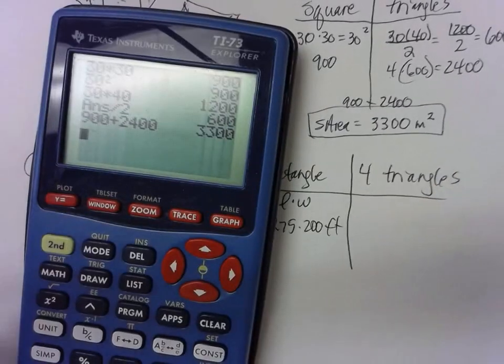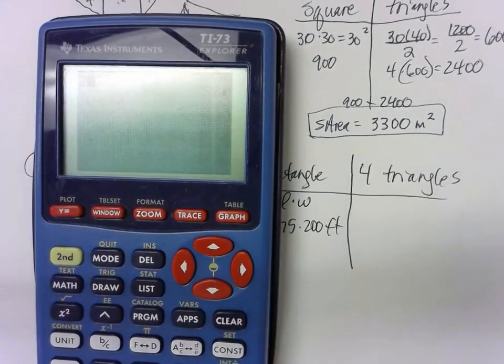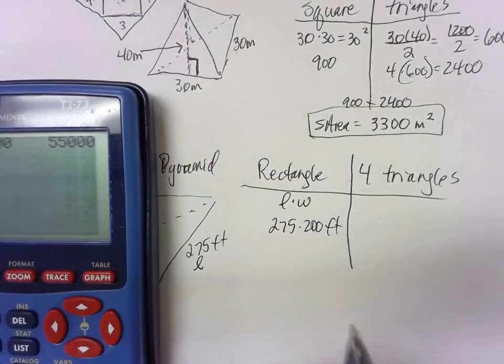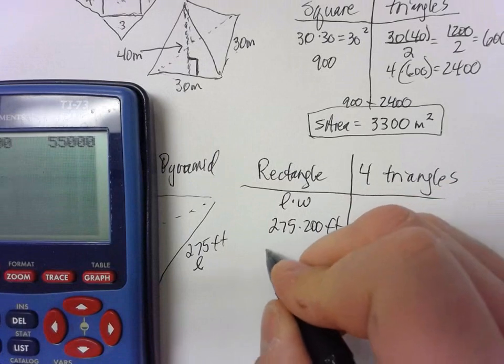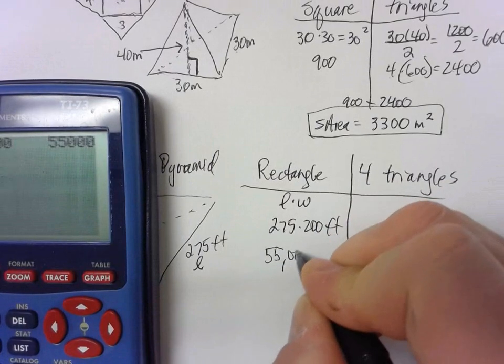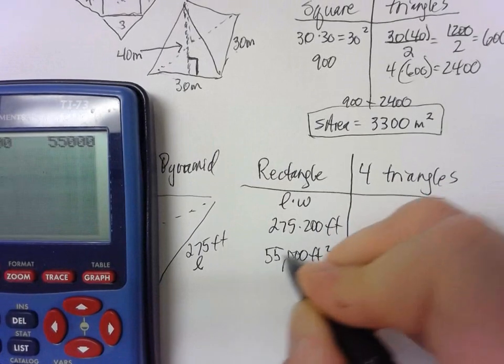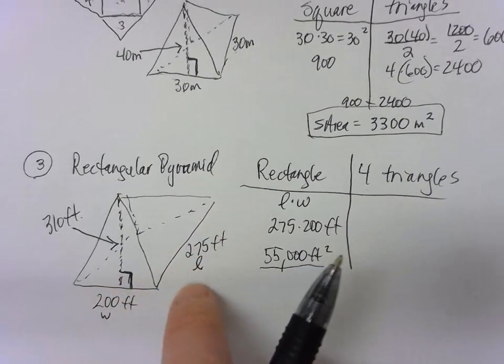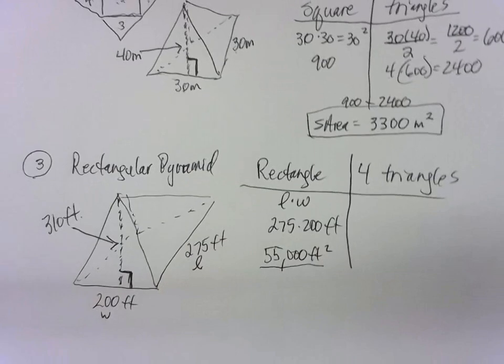Alright, I'm going to go ahead and come over here and clear that off. 275 times 200 means the area of the rectangle bottom is 55,000 feet squared. Okay, so we got that. Again, that's length times width, and that gives you the area of the rectangular bottom.